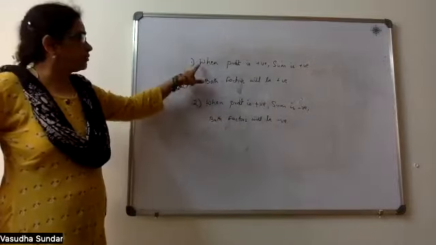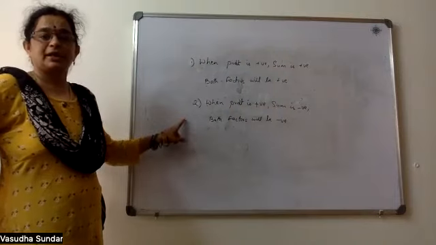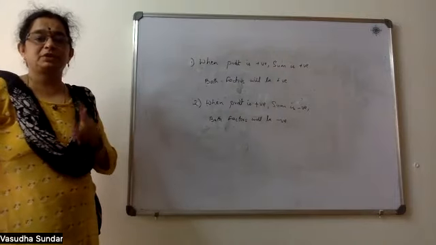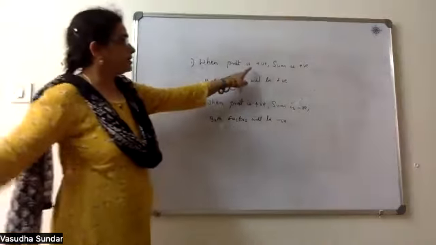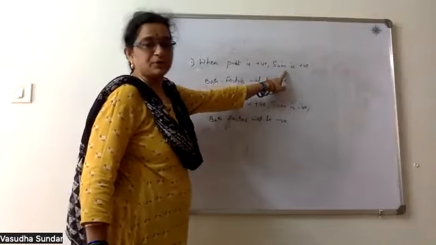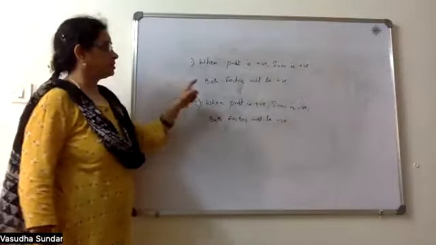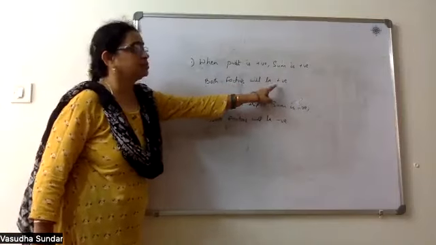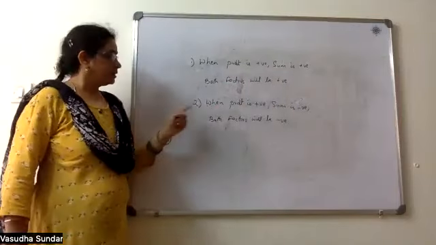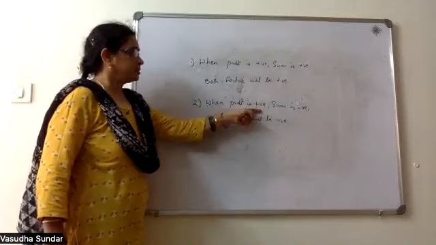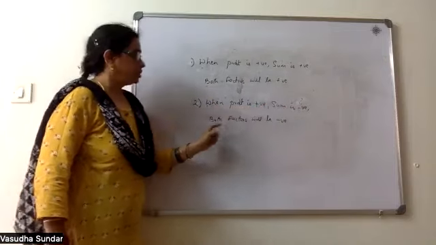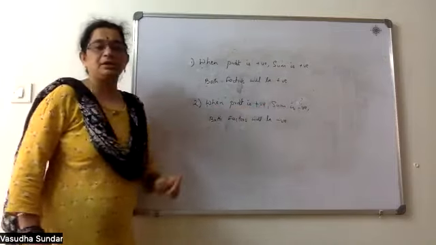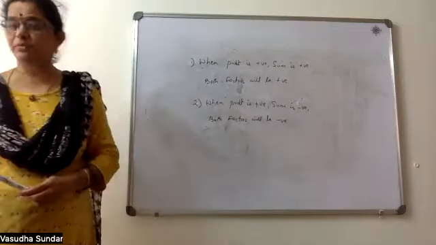Okay, this is the first one, what we did first time. This is the second type, and the last one we did was the third type. That is, when product is positive and the sum also is positive in the expression, choose both factors to be positive. When product is positive and sum is negative, choose both factors to be negative. Both factors should be negative.